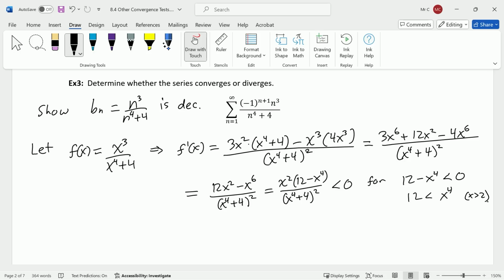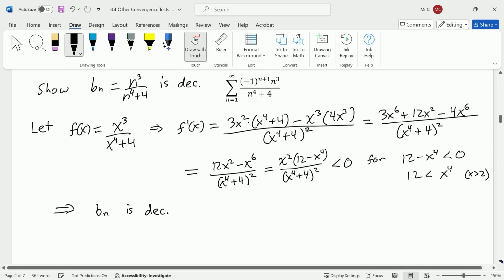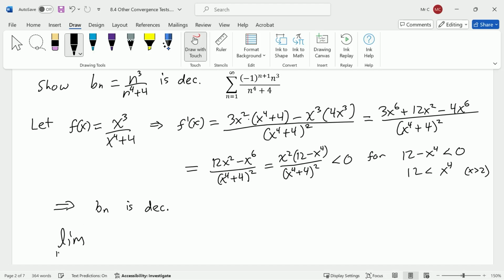And that's good enough, as long as I've got, just like with the integral test, some place where this is decreasing onward, we can still apply this alternating series test. So that implies that b sub n is decreasing, so we've got that part. And if we take the limit as n goes to infinity of n cubed over n to the 4th plus 4, I can rewrite this my usual way as the limit of 1 over n over 1 plus 4 over n.